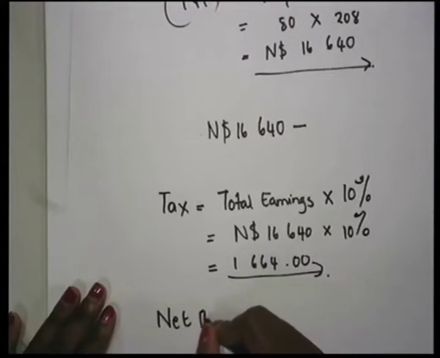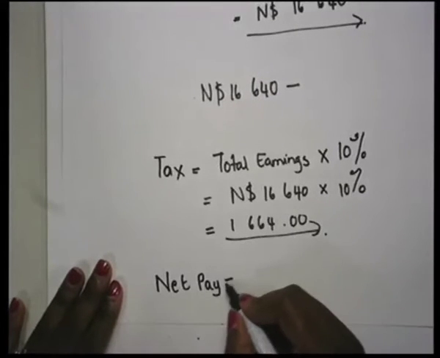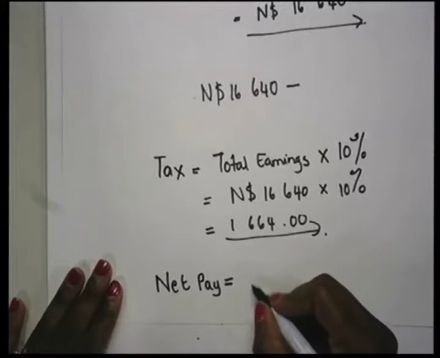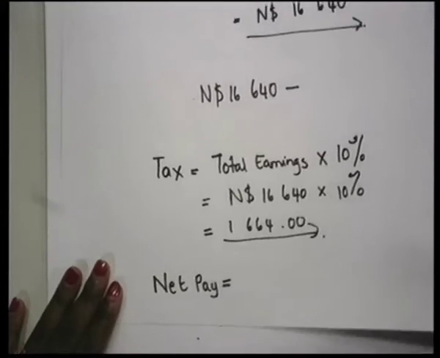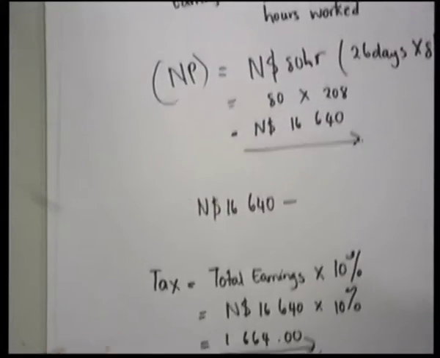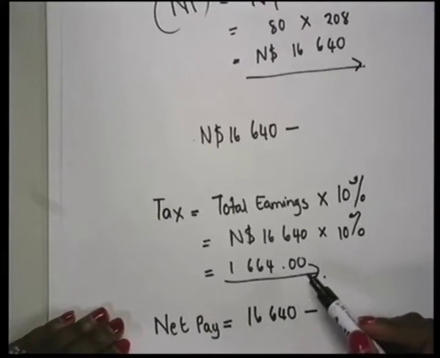Therefore, the net pay is equal to the earnings less the tax. And you know already that we've computed our earnings. Our earnings is 16,640 and less our tax, which is 1,664.